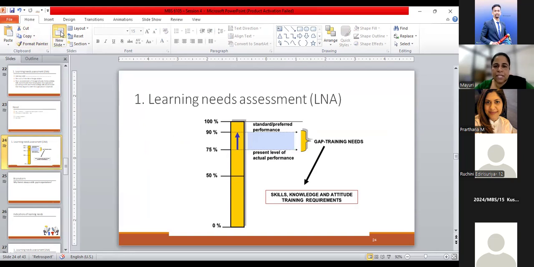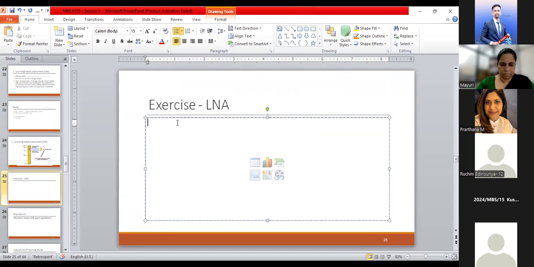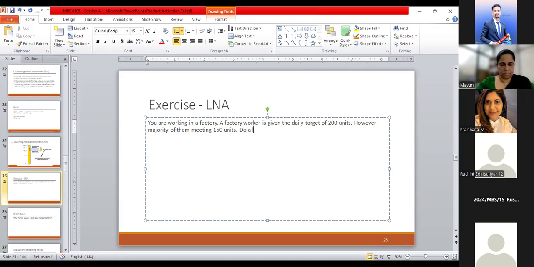So I'll give you a very simple example. Please do this one. ටක් ගාලා කරන්න.